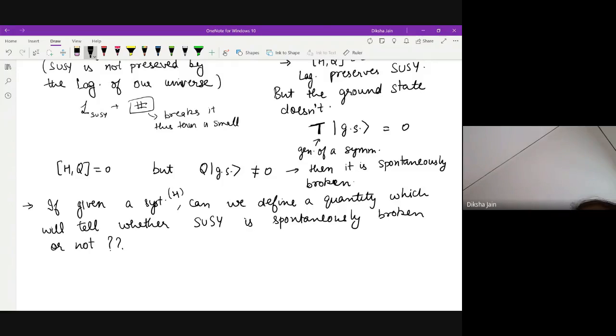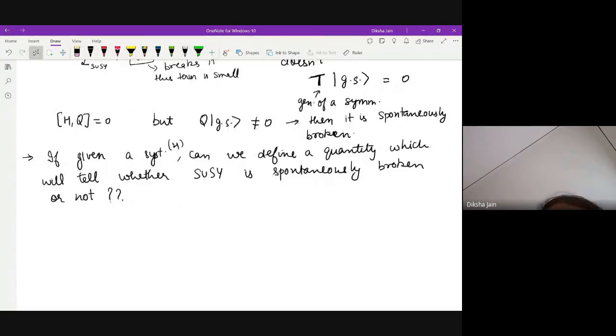If I have the Hamiltonian, whether it's explicitly broken or not, I can just apply the supersymmetry transformation on the Hamiltonian and check whether the commutator is 0 or not. So I can check explicit breaking directly from the Hamiltonian. But in order to know whether it's spontaneously broken or not, one needs the full spectrum and all.